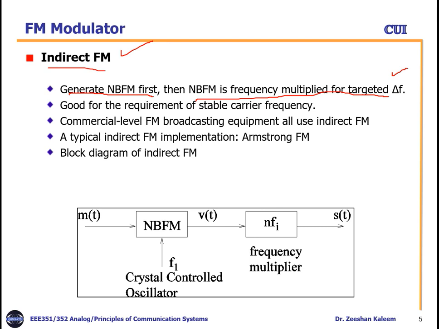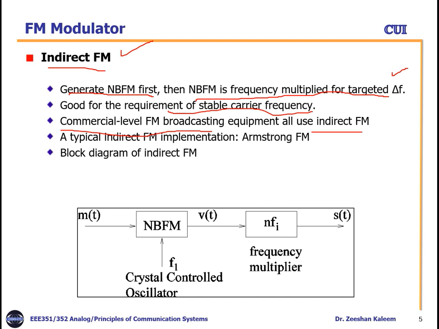So it is good for the requirement of a stable carrier frequency. Indirect FM is very good for generating a stable carrier frequency, and commercial level FM broadcasting equipment all uses indirect FM. So in commercial equipment where we are using FM modulation, all use the indirect FM method to generate the FM waves.